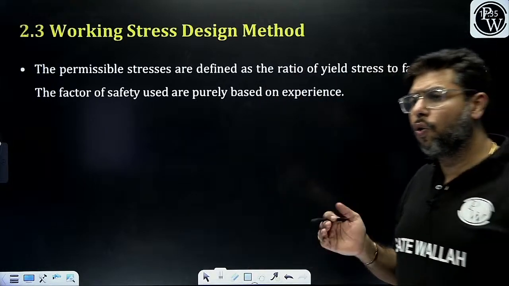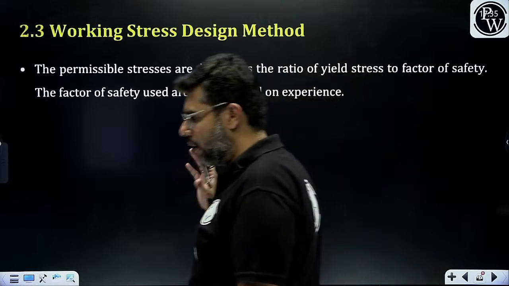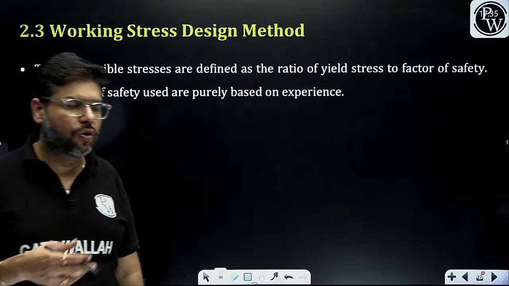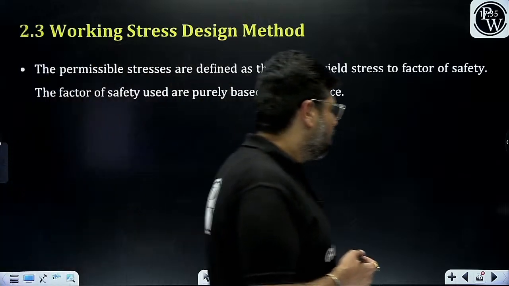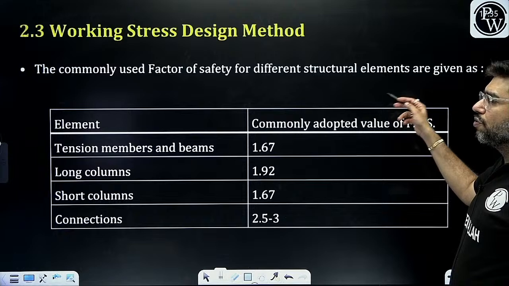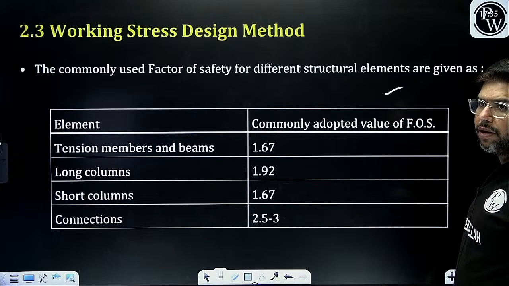So, the old code of the steel was largely based on the working stress method of design, but that is obsolete, because whenever you design the steel structure through working stress design, the design will come out to be very uneconomical. So, the commonly used factors of safety for different structural elements are as follows.